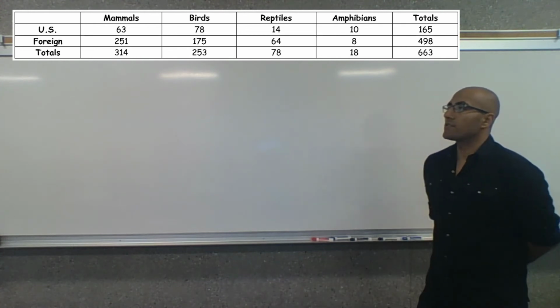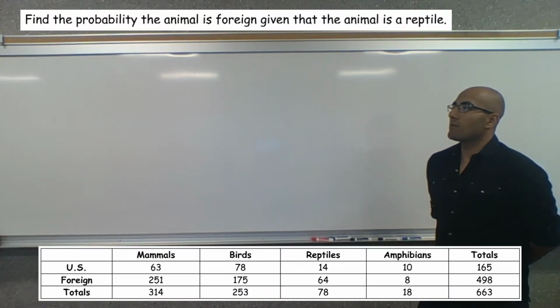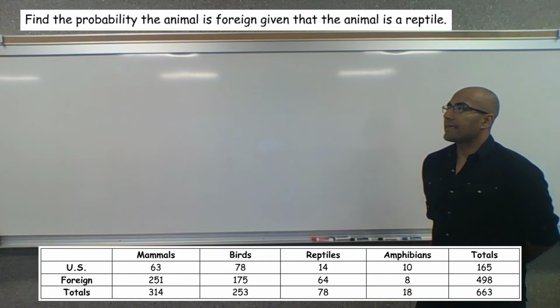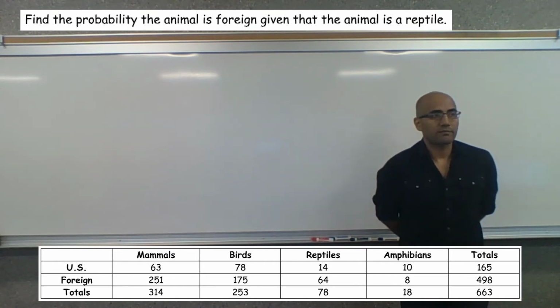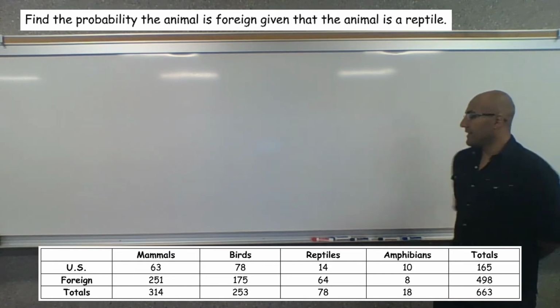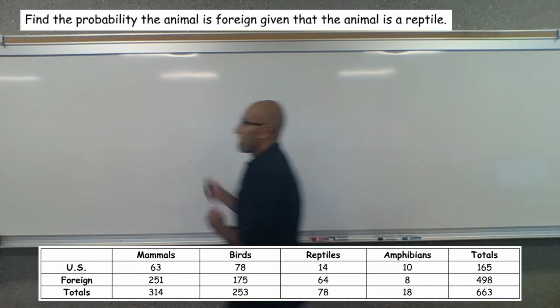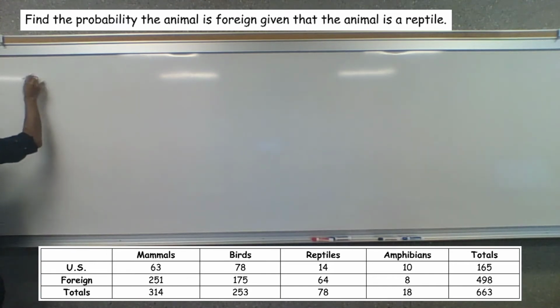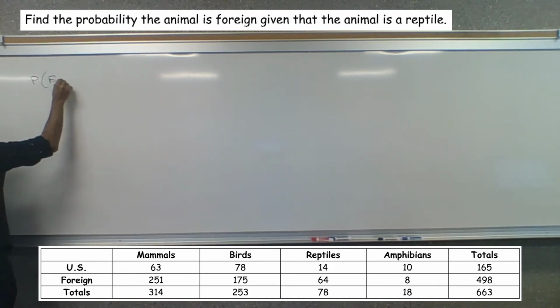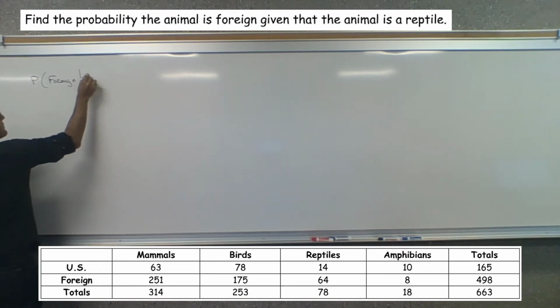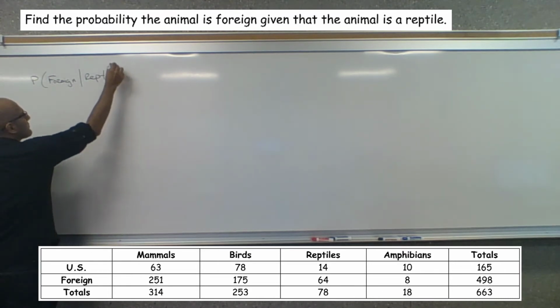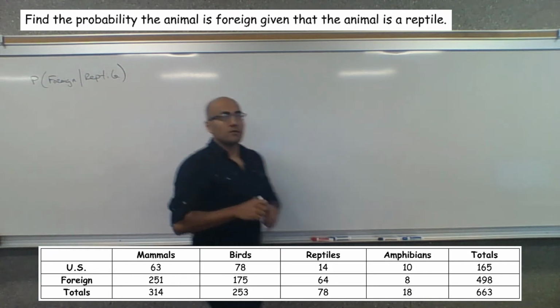The first one is the probability that the animal is foreign given that the animal is a reptile. Foreign given that it was a reptile. Probability that we got a foreign given that it was a reptile. Okay?